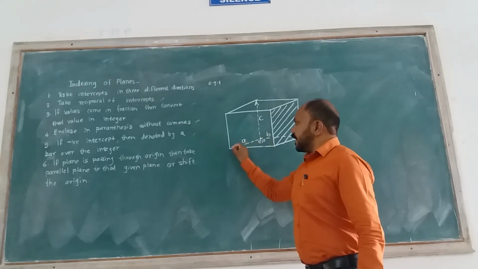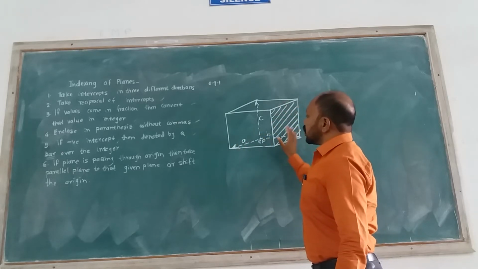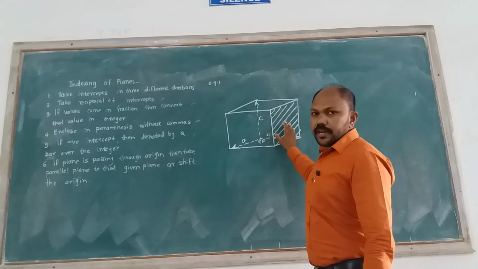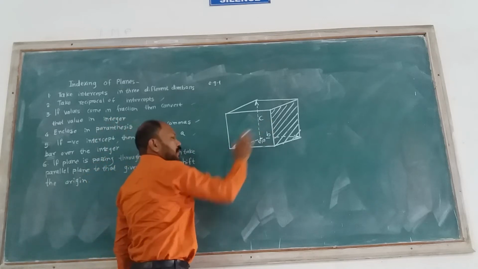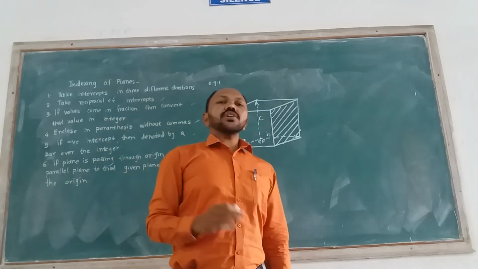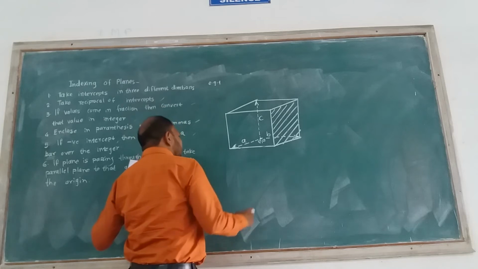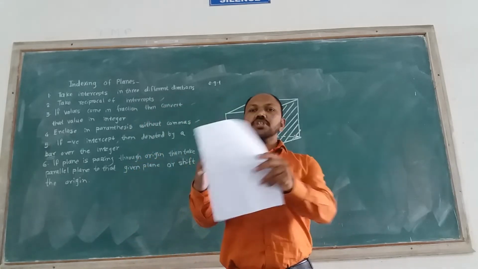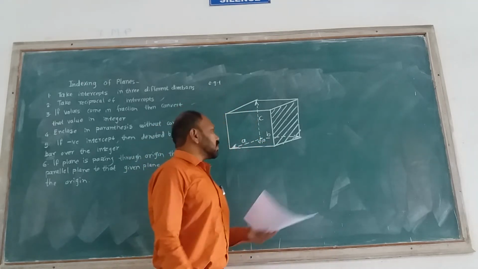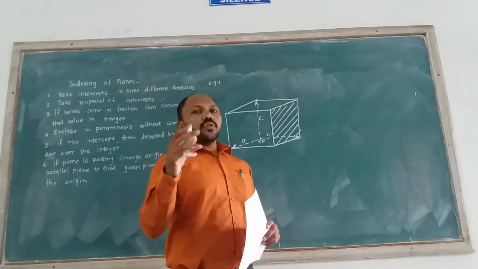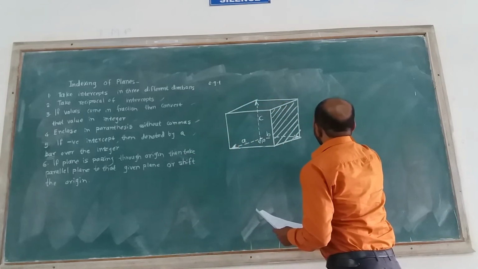If we extend the a direction and compare it with this plane, the a direction is parallel to the plane. They may touch each other only at infinity, so the first intercept becomes infinity.